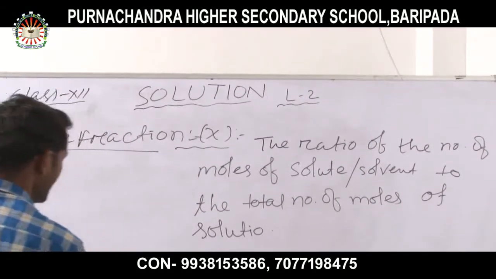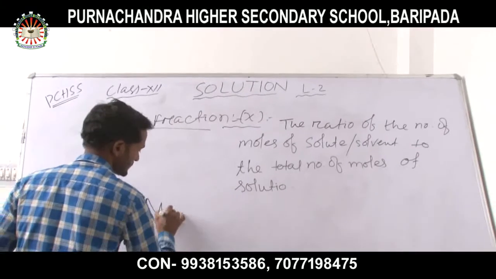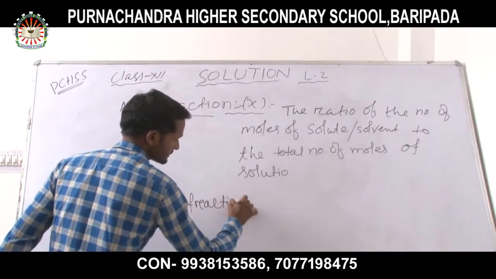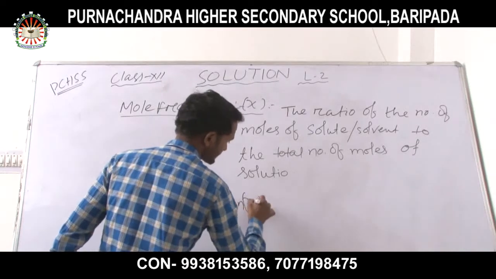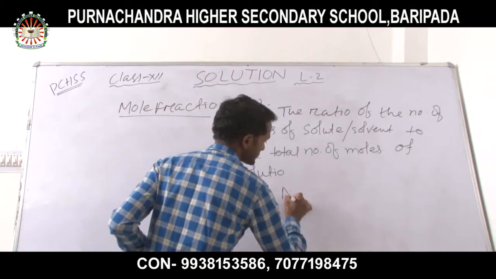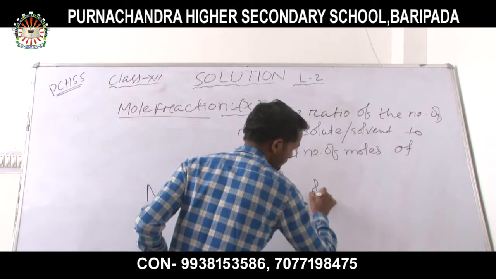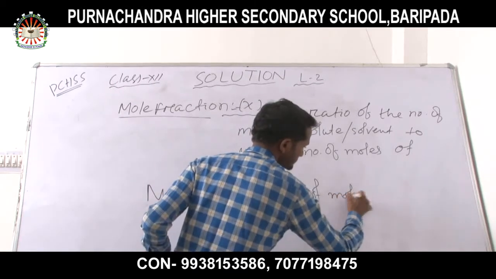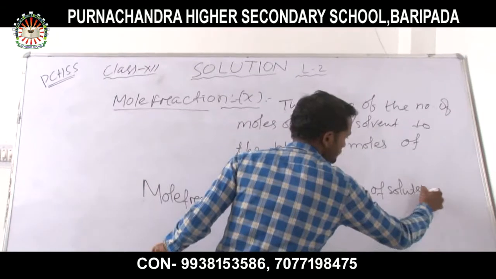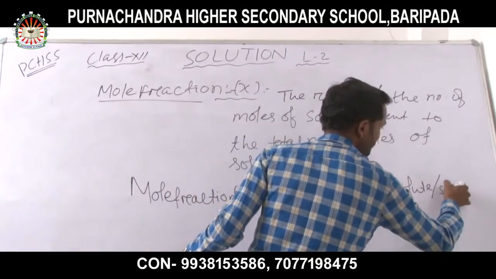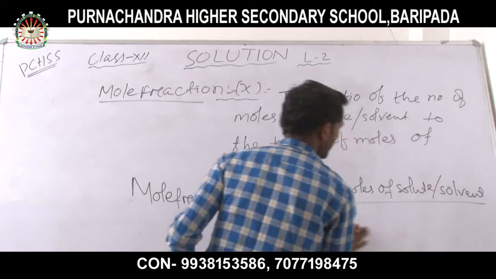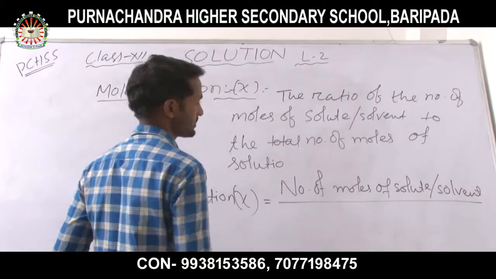Now mathematically, mole fraction chi equals the number of moles of solute or solvent to the total number of moles of solution.